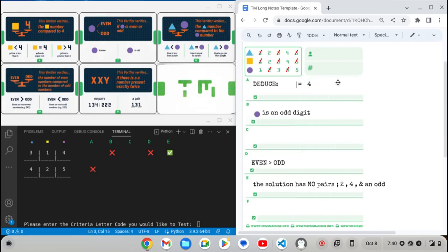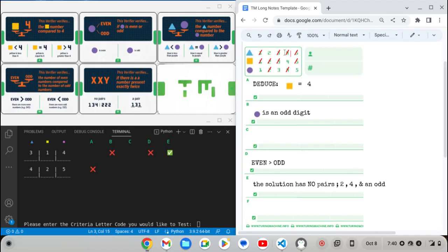We'll just go in here and paste it. There we go. So yeah, we're going to deduce that square is 4. So let's go ahead and cross out the 2, leaving us with 4 there, and then we'll cross out the 4 in triangle.